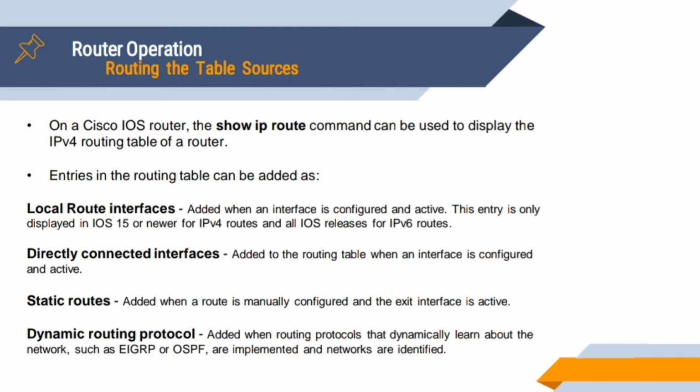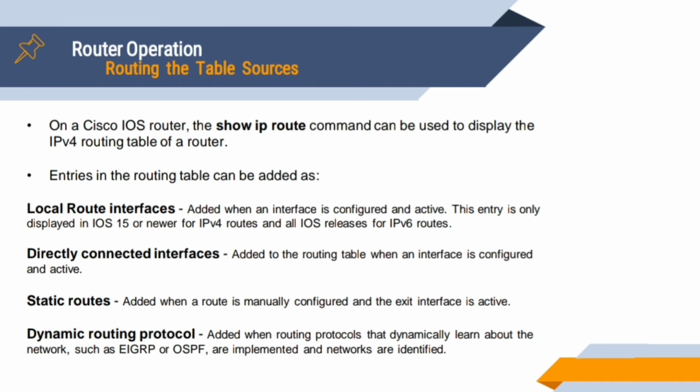Can be added as first, local route interfaces, added when an interface is configured and active. This entry is only displayed in iOS 15 or newer for IPv4 routes and all iOS releases for IPv6 routes. Next, directly connected interfaces, added to the routing table when an interface is configured and active.